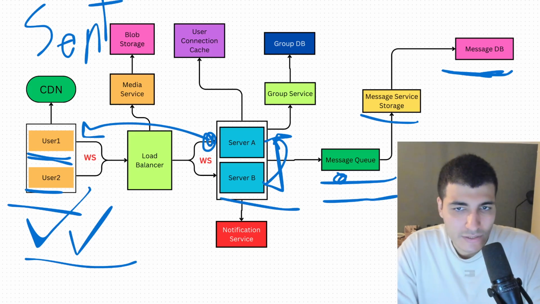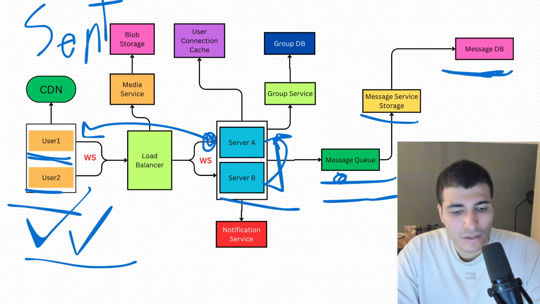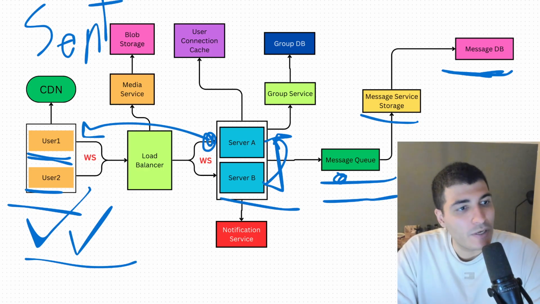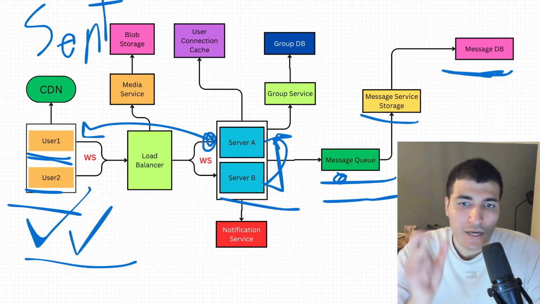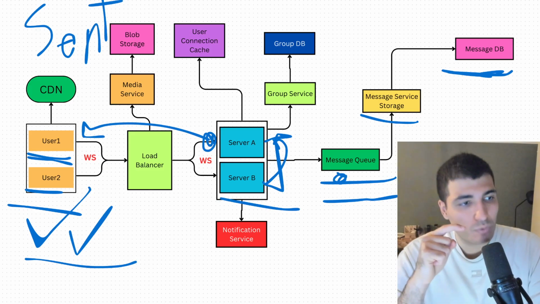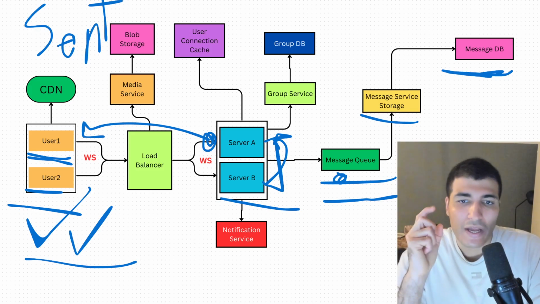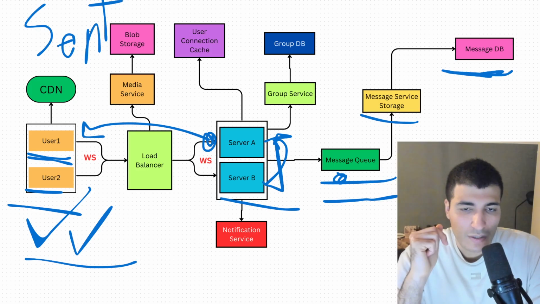In the delivered state, server B sends an acknowledgement to server A via the message queue, where it is stored, and user 1 is notified. In terms of read, whenever user B opens the message, an acknowledgement is sent to server B and logged in the message queue, and server A pulls this and sends it back to user 1.